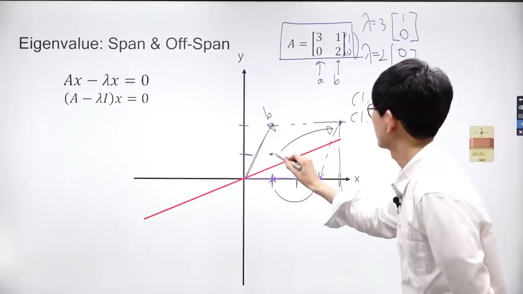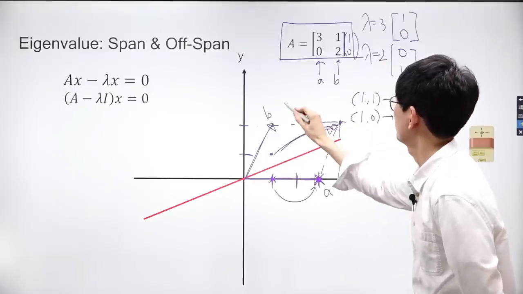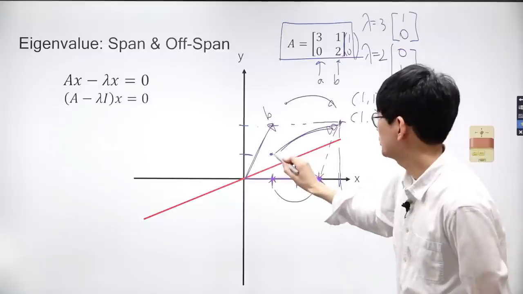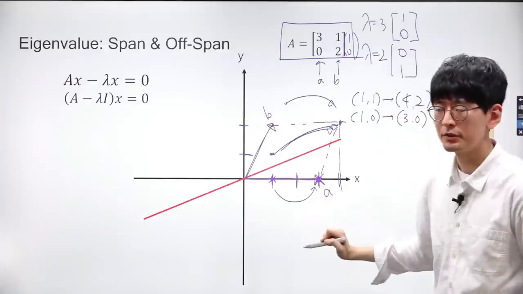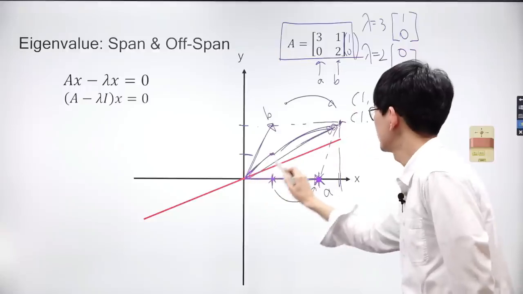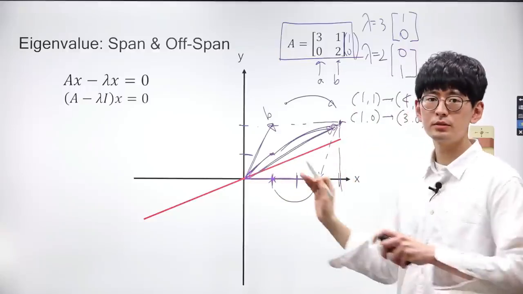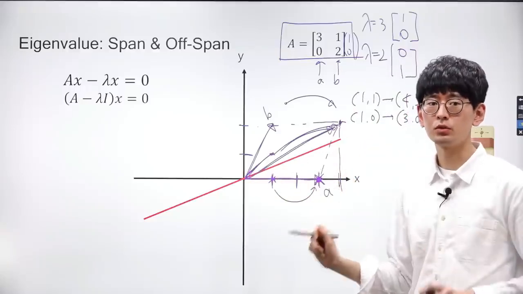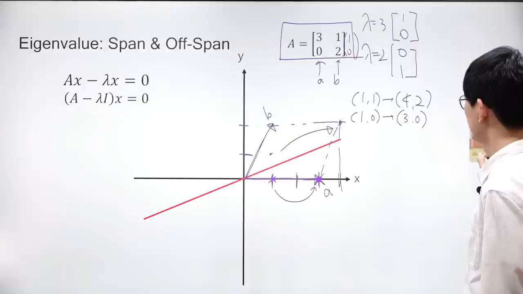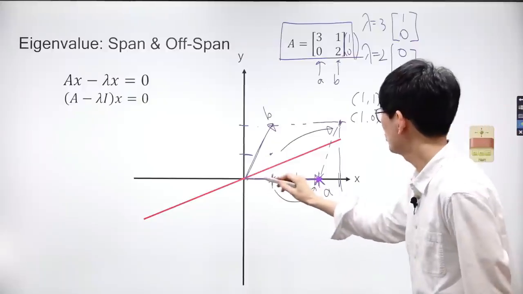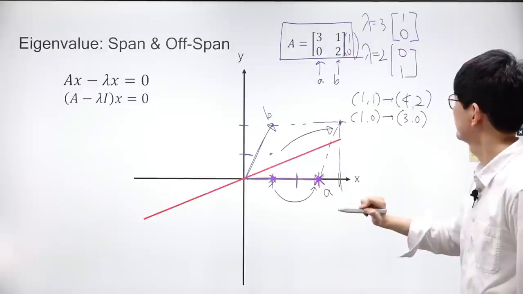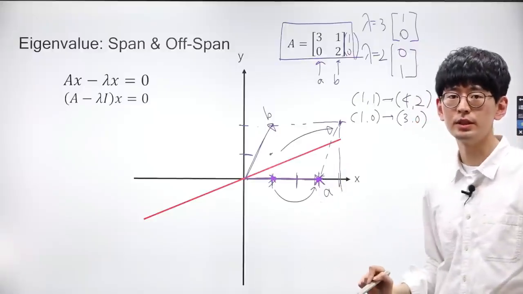There's something important to pay attention to here. Some vectors on the plane will remain on the same line even after their coordinates have been shifted by a matrix. Let's see which vectors behave like this. For example, the vector 1, 0 has been shifted to 3, 0, and both vectors lie on the same line with the same direction.